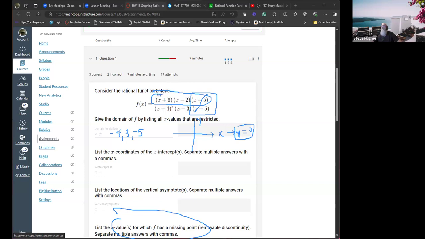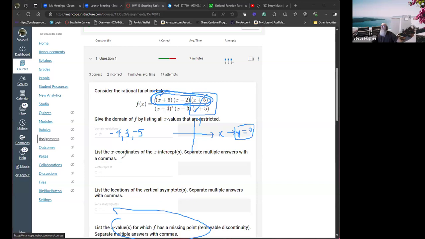So these are all my possible intercepts right there: x is -6, x is 2, x is -5. But once again, that's removable. So in order to find the intercepts, I'm going to set this equal to 0 right here.